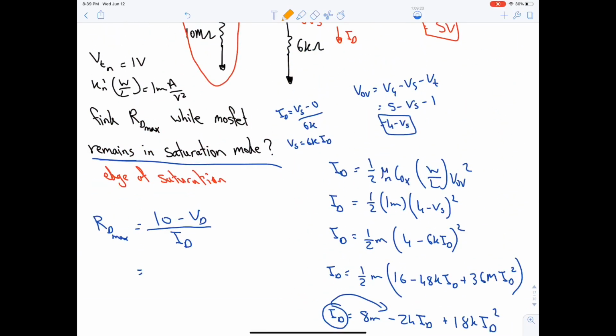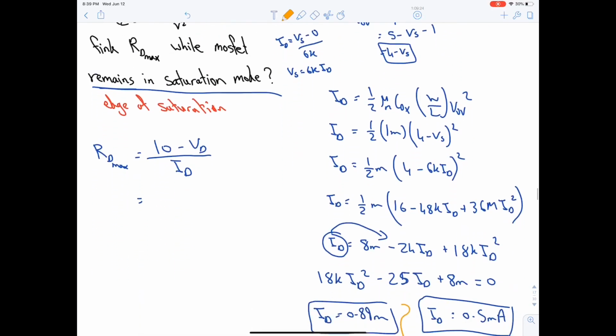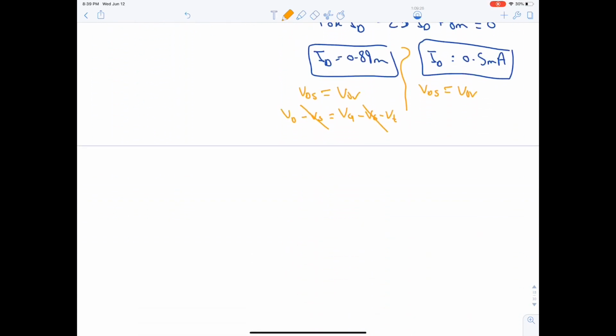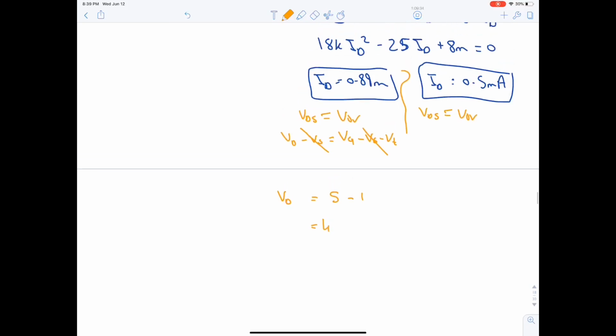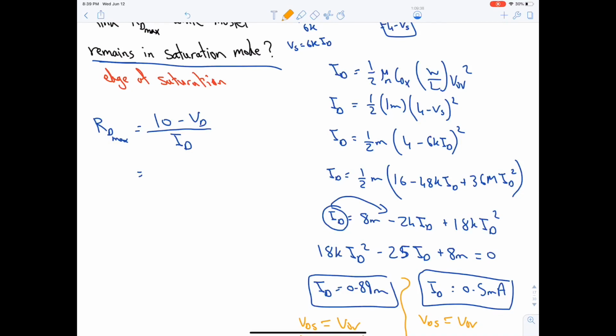VD is unknown, and VG is 5 minus 1. So it will be VD equal to 4. Okay? Actually here we could have computed VD. It's equal to 4.